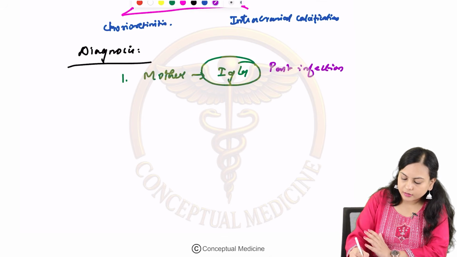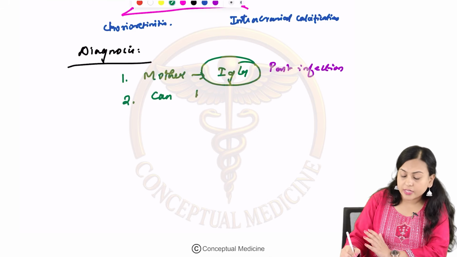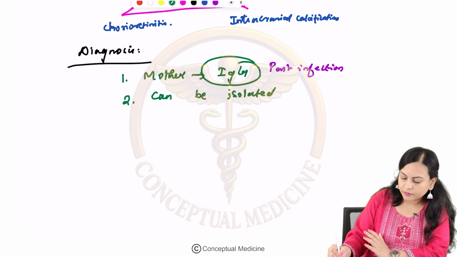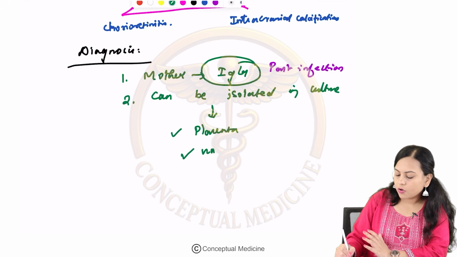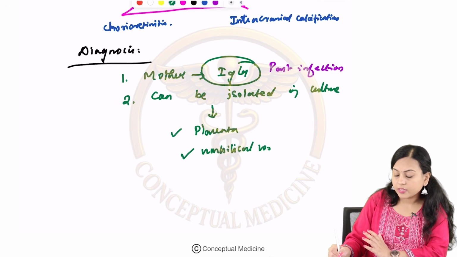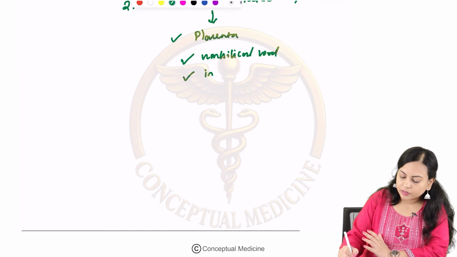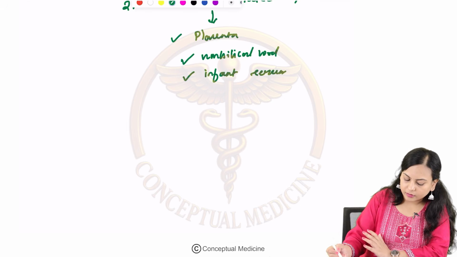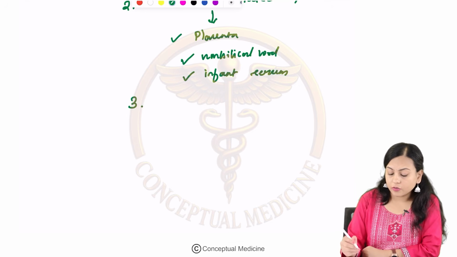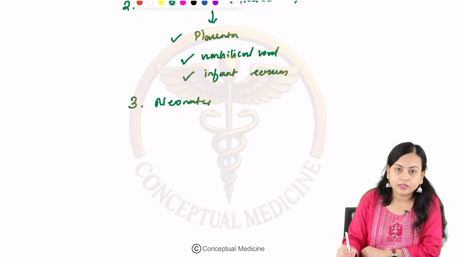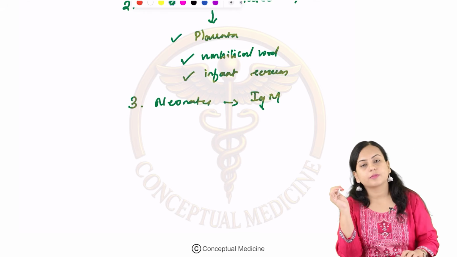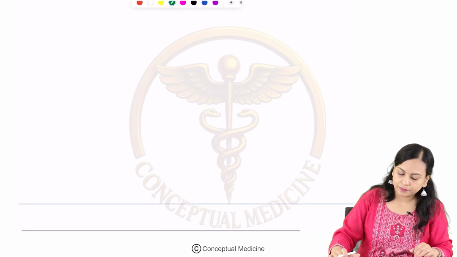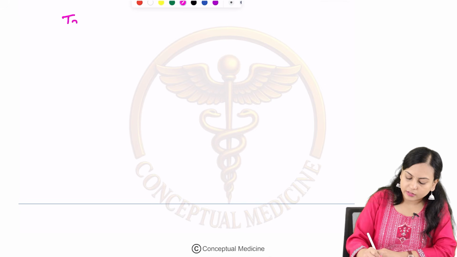It can also be isolated in culture, from the placenta, umbilical cord or infant serum. Remember that whenever neonates are infected, they will have IgM antibodies, because IgG antibodies are transmitted from the mother to the fetus. Understood?